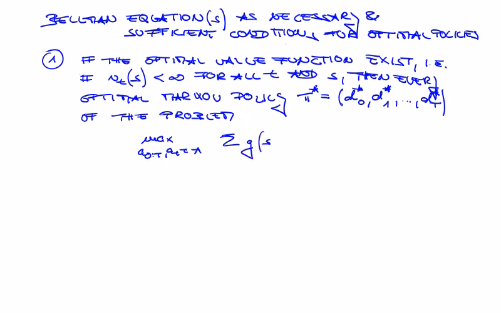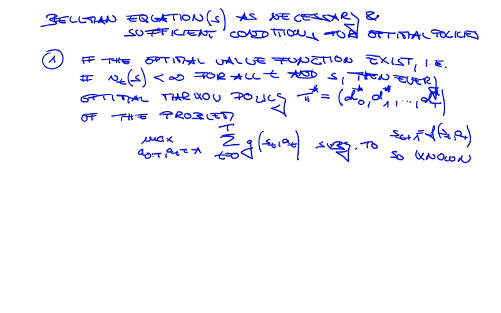And this is why I like to first define a Markov decision process, because without defining that, you have so many things here, and you get lost. Subject to s_{t+1} = f(s_t, a_t), s_0 known.